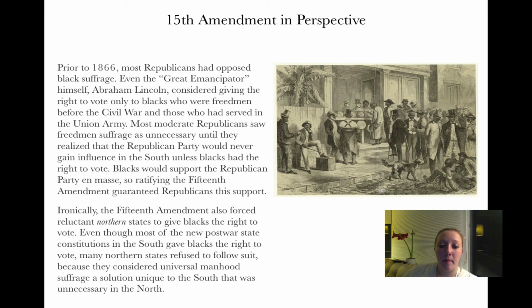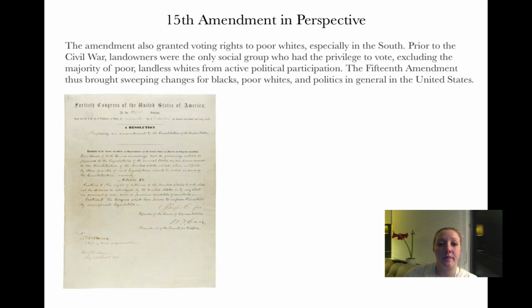Ironically, the 15th Amendment also forced reluctant northern states to give blacks the right to vote. Even though most of the post-war state constitutions in the South gave blacks the right to vote, many northern states refused to follow suit because they considered universal manhood suffrage a solution unique to the South that was unnecessary in the North.